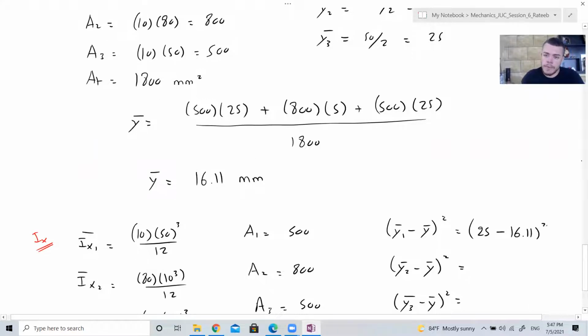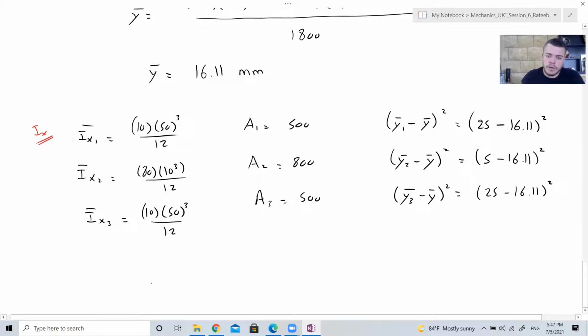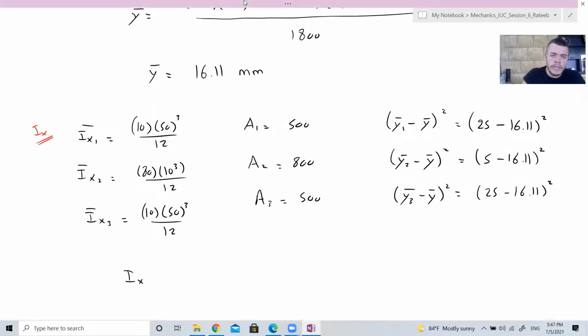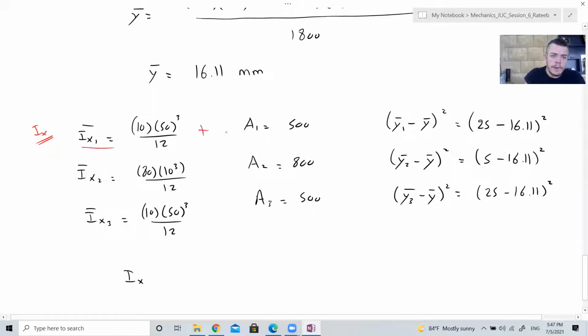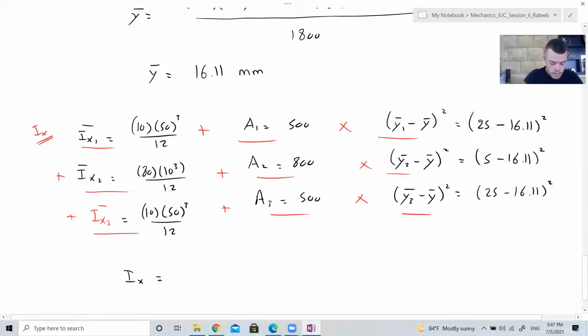Understood, guys? This is 5 minus 16.11. This is 25 minus 16.11 squared. And then Ix would be equal to this plus this times this plus this, plus this times this plus this, plus this times this. Are we following or not? Yes, doctor. Understood. Yes.